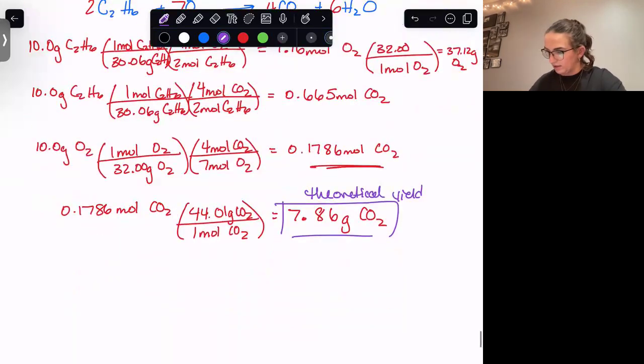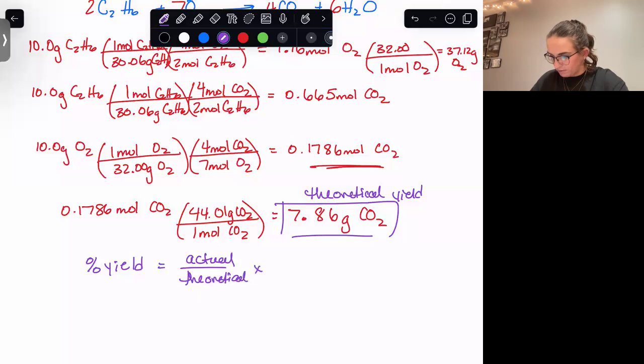So our percent yield is actual over theoretical times 100. Do we have all of the information that we need in order to find our percent yield? Yep, now we do. So what goes in for our actual? Yep.